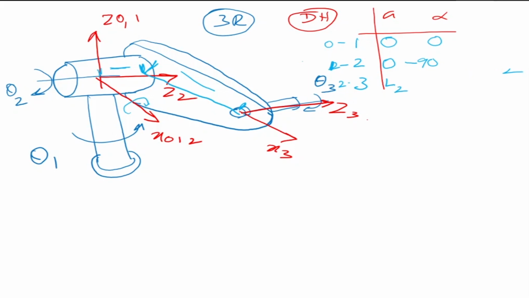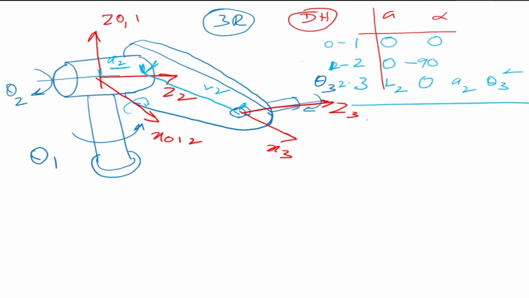Let us say it is L2. L2 is the distance between the Z axes, Z2 and Z3. What is alpha? Z2 and Z3 are parallel, so this is 0. What is d? D is the distance between the X axes. Let's call this A2, and the variable is θ3. So this is my DH parameter table for this manipulator.